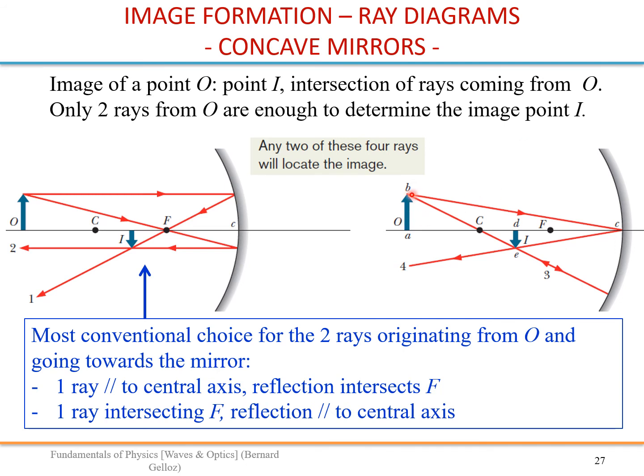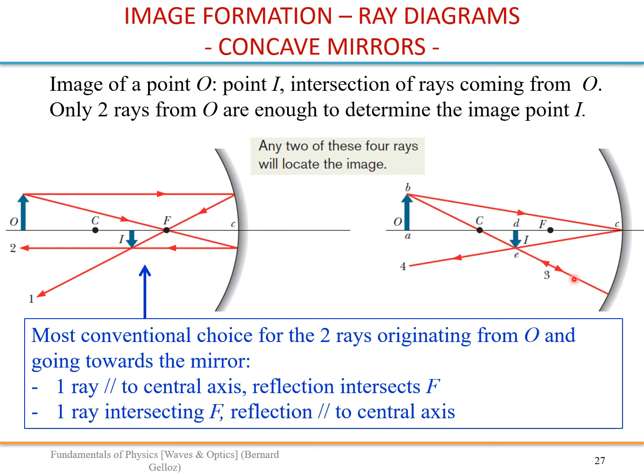You take two easy rays. One easy ray is to of course start from here and go to the intersection of the central axis with the mirror. It's easy because the reflected ray will be symmetric with respect to the central axis. Another one is to take a ray intersecting C, the center of curvature, because by definition this line is perpendicular to the tangent of the circle.